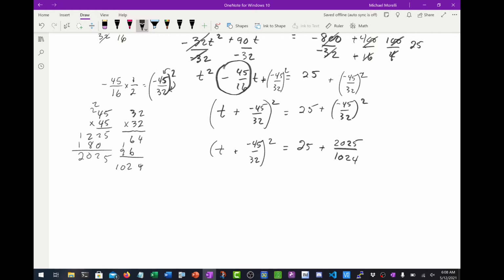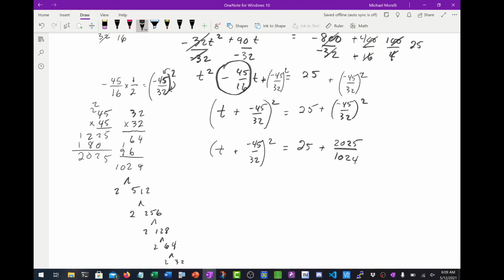1024, I don't believe it has any of those numbers as factors. Even if I broke it down, we get 2 and 512, 2 and 256, 2 and 128, 2 and 64, 2 and 32.